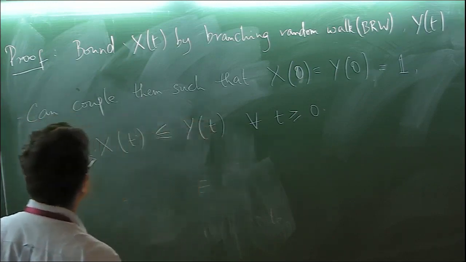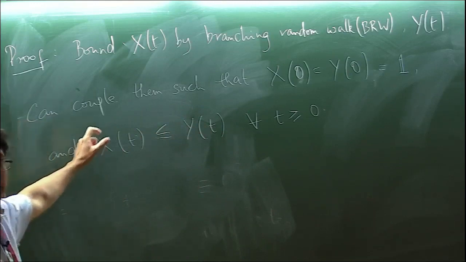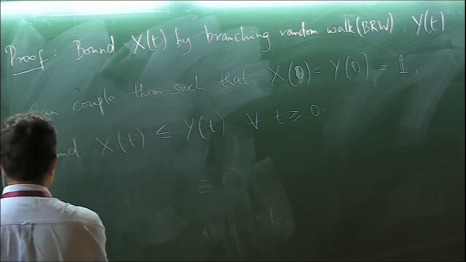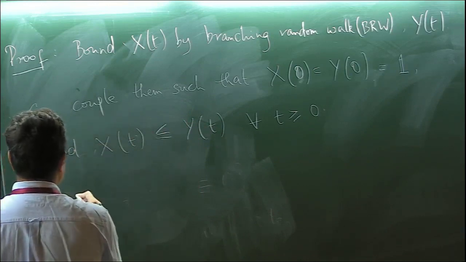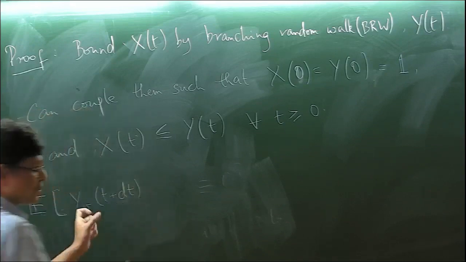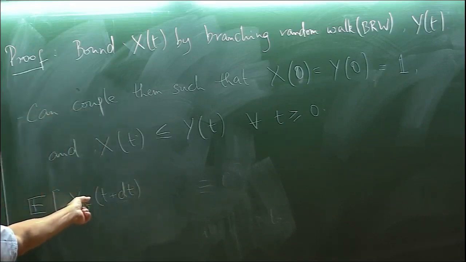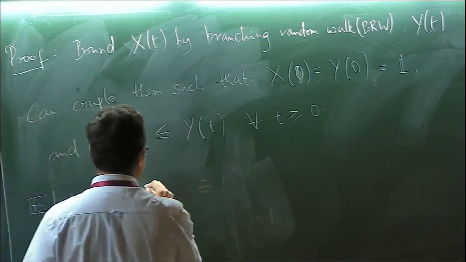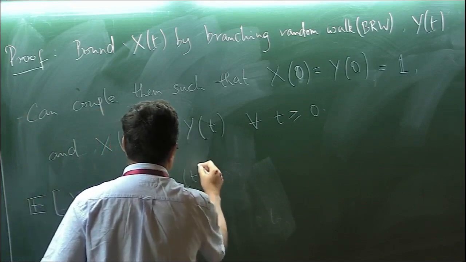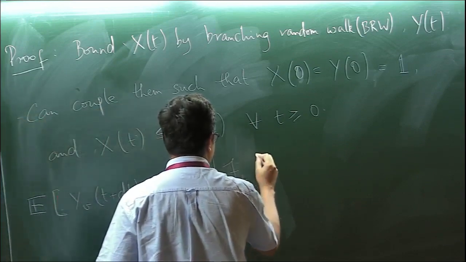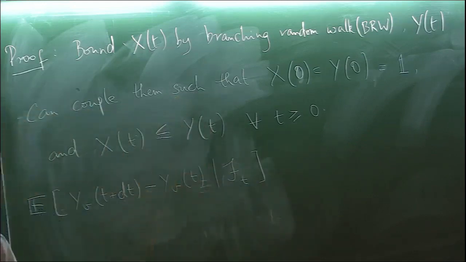Okay, so now let's look at the yt process, which is much easier to study. Let's pick a vertex v and ask how many infections it carries at time t plus dt minus what it carries at t. So how does this change given everything you know about the y process up to time t?